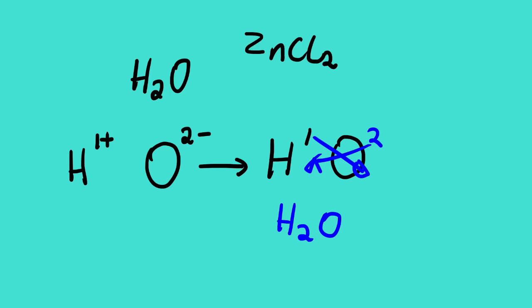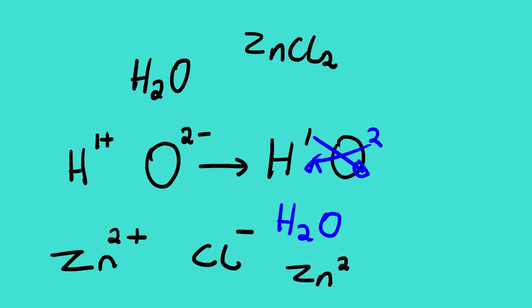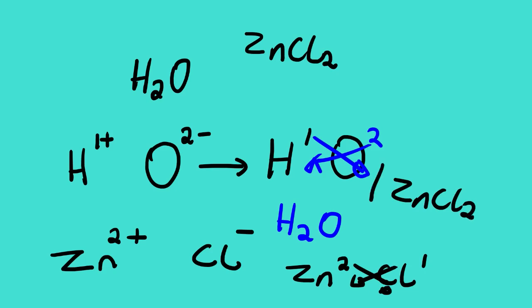Zinc has 2 plus, and chlorine has 1 minus. Using the crossover method, you're going to have Zn 2 Cl 1. Then crossing over the 2, we are going to have zinc chloride. This is one of the ways to explain this.